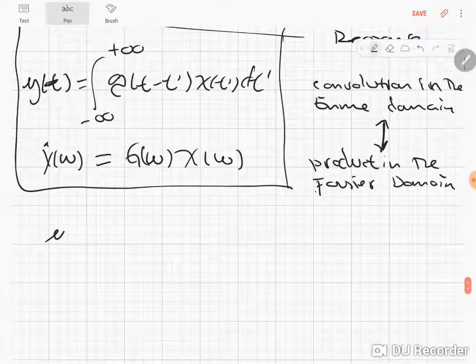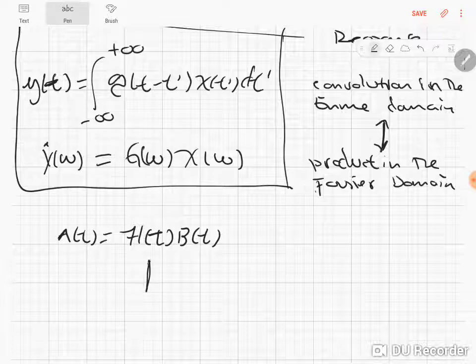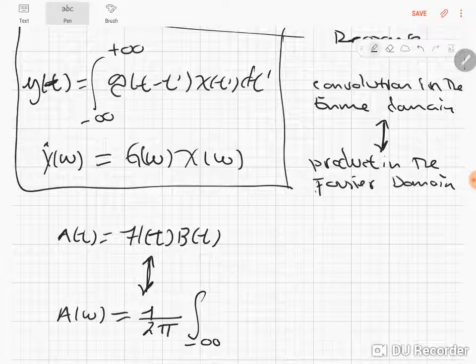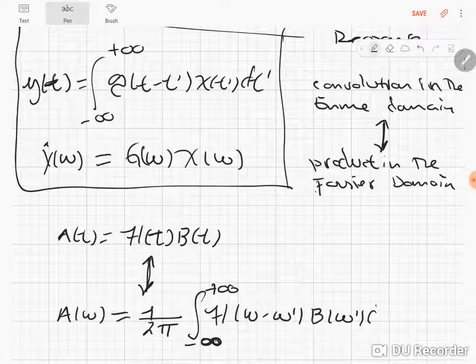That means that a product in the time domain, if I have some function a of t equal to some function h of t times b of t, in the Fourier domain becomes a of omega equal to 1 over 2 pi times the integral from minus infinity to plus infinity of h of omega minus omega prime times b of omega prime d omega prime.